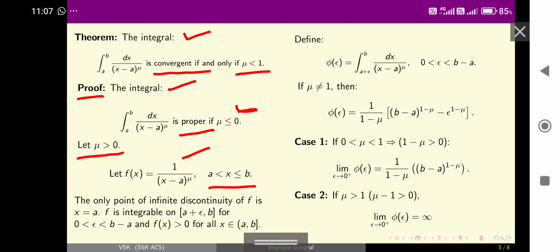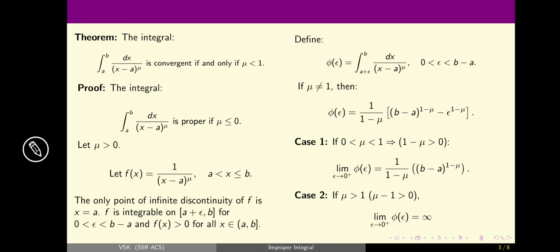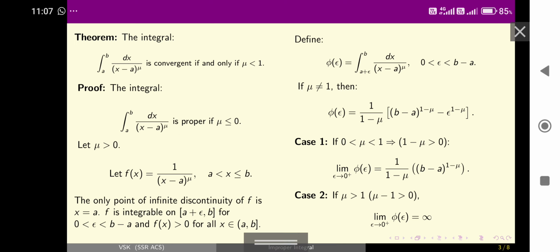In this case, the only point of infinite discontinuity of f is x equal to a, and it is integrable on [a plus epsilon, b] for epsilon in this interval, and clearly f(x) is greater than 0 for all x in the open interval a to closed b.